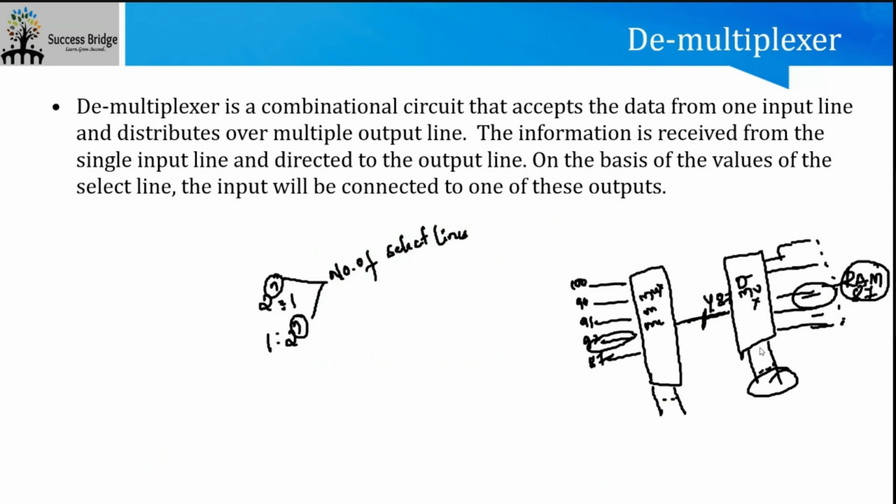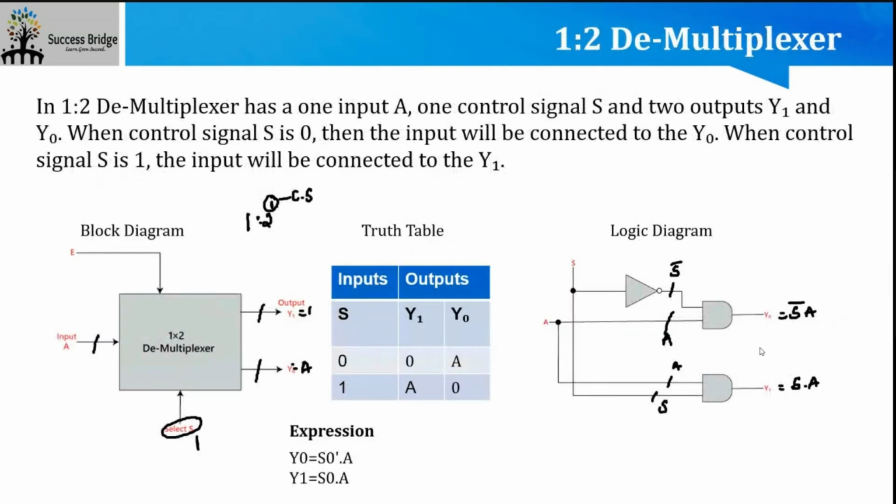Now let's see the demultiplexer. Even the demultiplexer, we will not come across in DFT, but let's just look at it for a revision. It's the exact opposite of the multiplexer. So one input, multiple outputs.